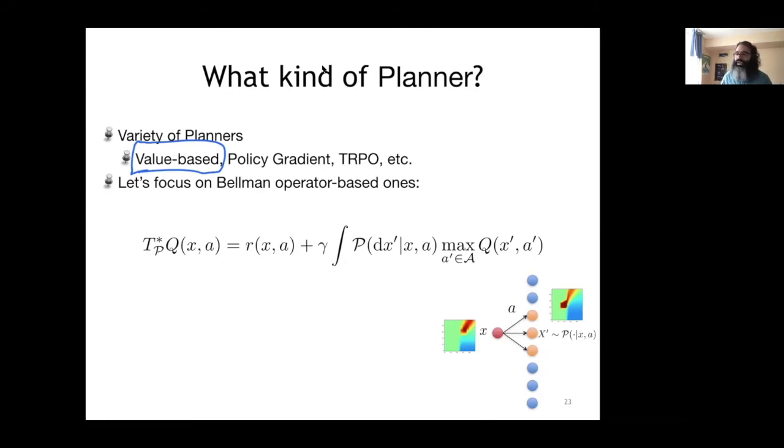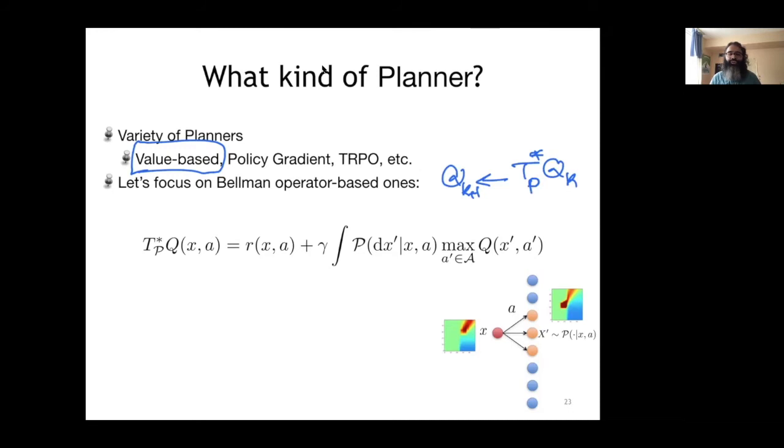For example, value iteration was a repeated application of the Bellman operator, right? So this was value iteration. And value iteration was implicitly a function of the model, like P was appearing there.